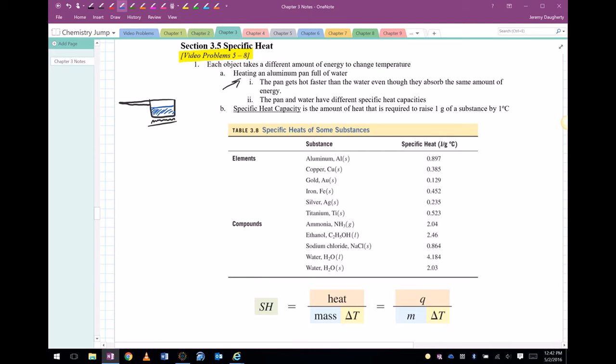Take a pan, fill it full of water, and heat it for, let's say, 1 minute. Would you touch the water on the inside of that pan after it's been heating for 1 minute? Yeah, you would. It's not that hot, that water isn't. Now, would you touch the side of the pan after it's been heating for 1 minute? No, you wouldn't. Now, keep in mind, that's a very thin layer of aluminum there.